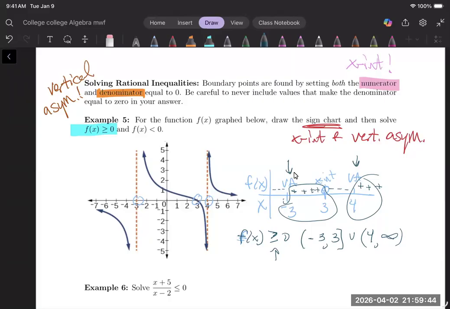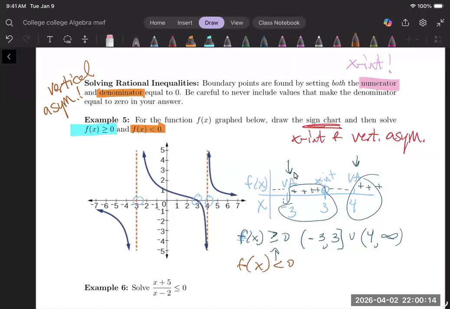So just a word to the wise: I highly recommend that you also notate what's a vertical asymptote and what's an x-intercept, because you could lose points perhaps on a test if you mix up that bracket and parenthesis situation. I don't want you to do that. If I'm strictly less than 0, then f of x is less than 0.